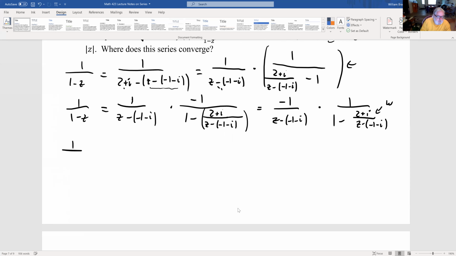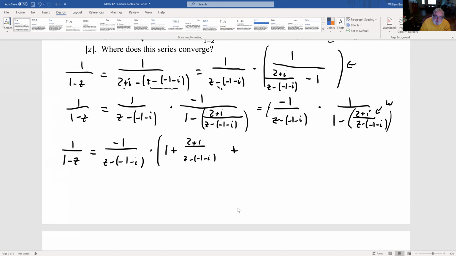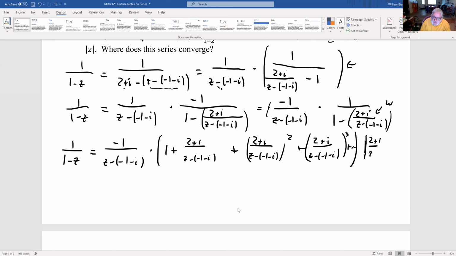So I've got a minus 1 over z minus 1 minus i, that's this term, times, and now we'll just expand this in the Taylor series, this is w, so it'll be 1 plus w, which is 2 plus i over z minus 1 minus i, plus w squared, so that's 2 plus i over z minus 1 minus i, quantity squared, plus w cubed, 2 plus i over z minus 1 minus i, quantity cubed, should be an i there, plus dot, dot, dot, and of course, whatever our w is, the 2 plus i over z minus the center, which is minus 1 minus i, in modulus, that all has to be less than 1.